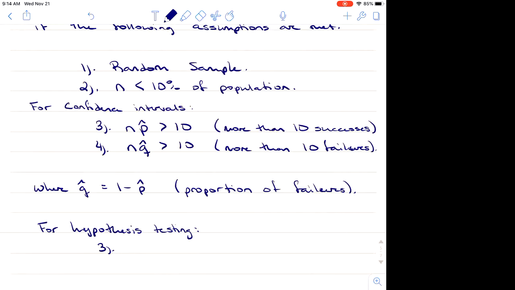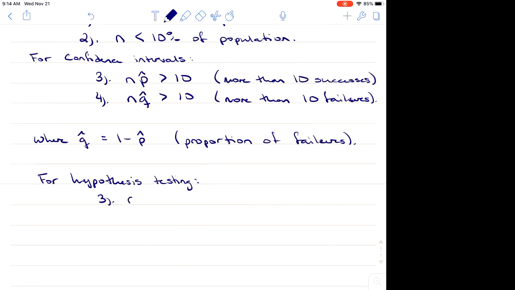And then for confidence intervals, we've got step 3 and 4 that we need to check: n p hat is greater than 10 and n q hat is greater than 10. And if we're doing hypothesis testing, the assumptions we have to check are going to be that n p naught is greater than 10. And the fourth one, n q naught is greater than 10.